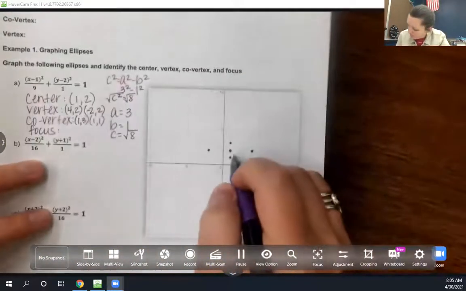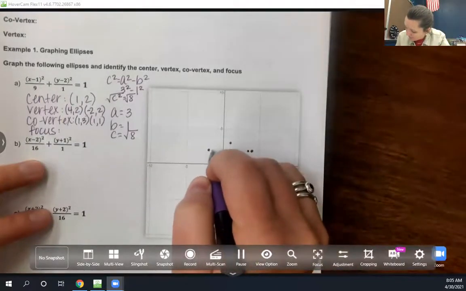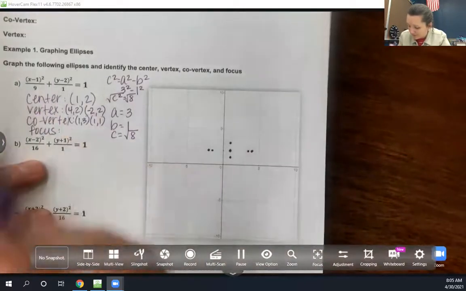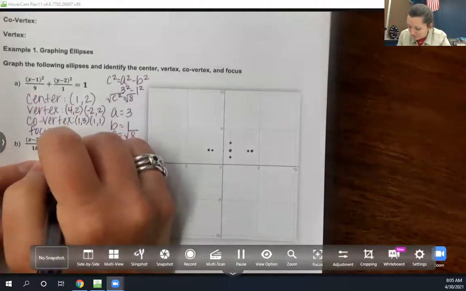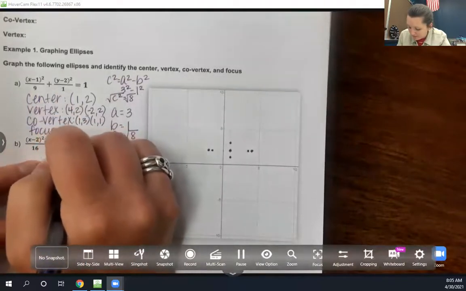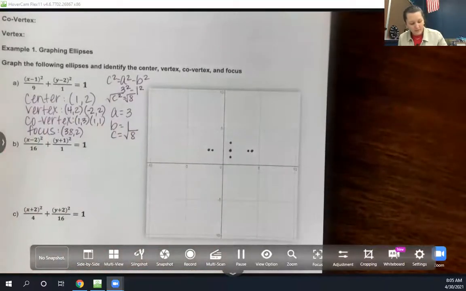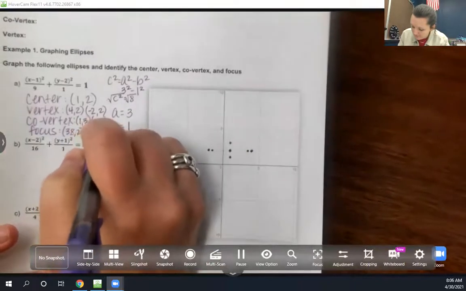So I'm going to go to the right 2.8 and to the left 2.8, and I'm going to take that from my center, from my x value. So to the right 2.8 is 1 plus 2.8 is 3.8, 2, and 1 minus 2.8 is -1.8, 2.